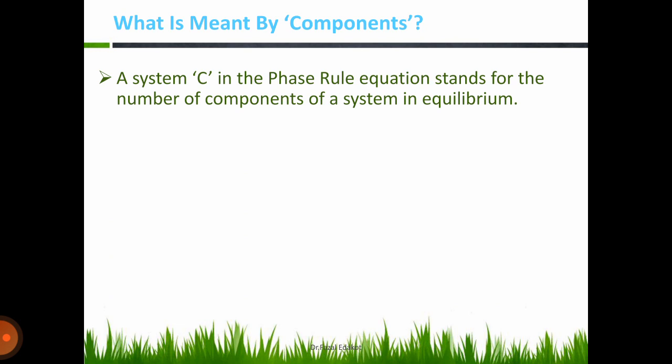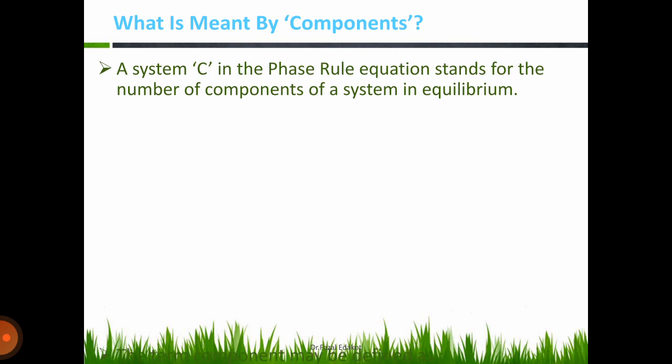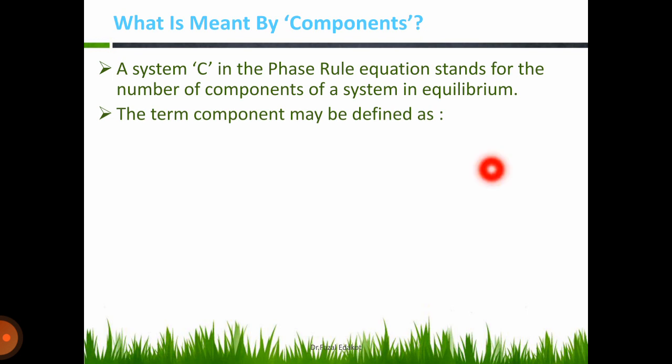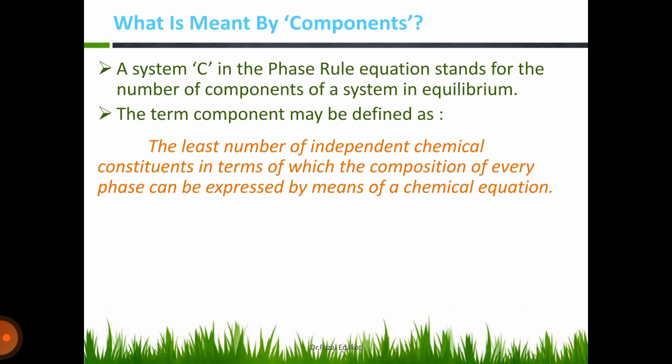In the phase rule equation, C stands for the number of components of a system in equilibrium. The term component may be defined as the least number of independent chemical constituents, in terms of which the composition of every phase can be expressed by means of a chemical equation.